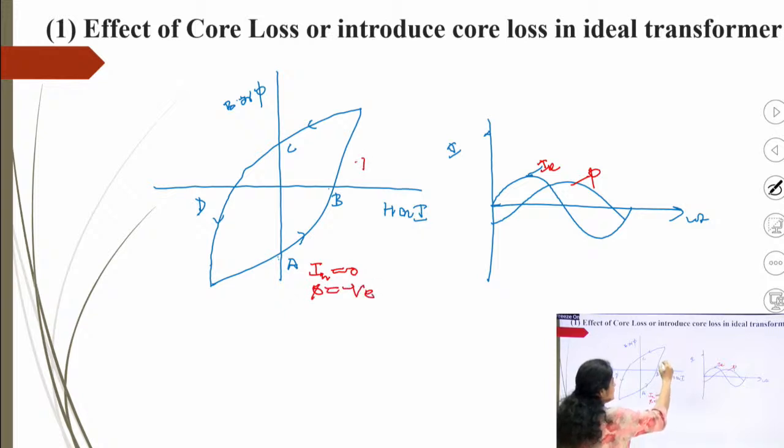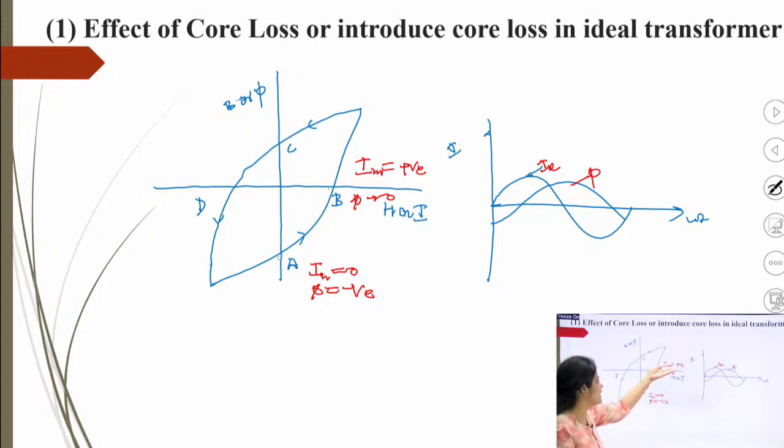At this point the magnetizing current is positive and the flux is 0. That means the magnetizing current is leading the flux.